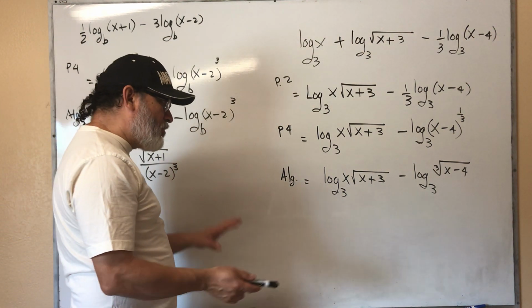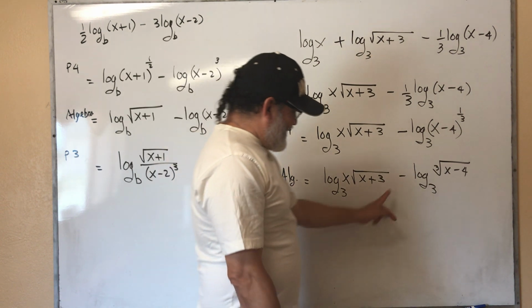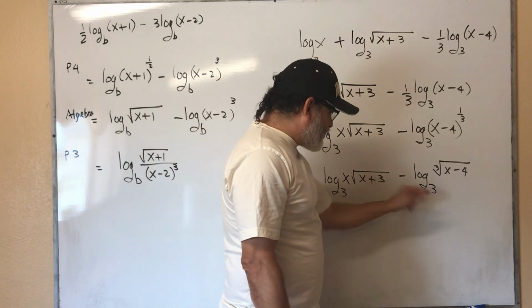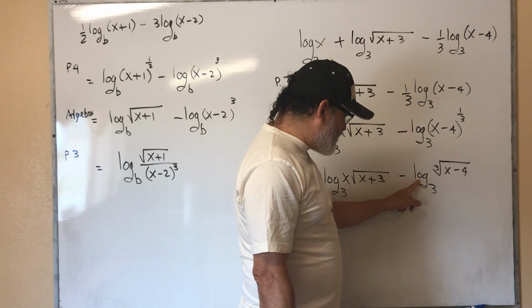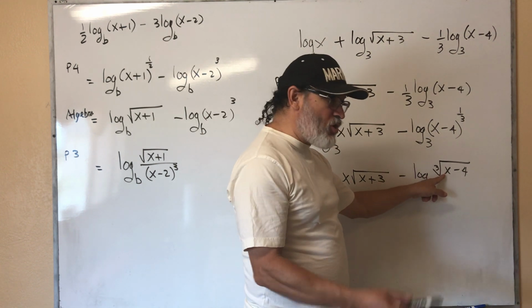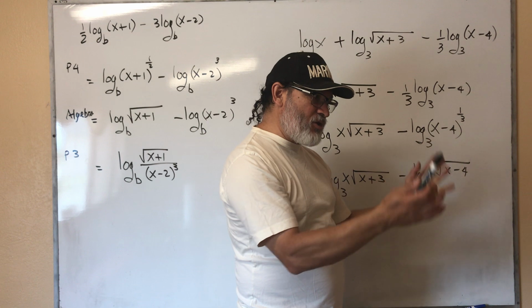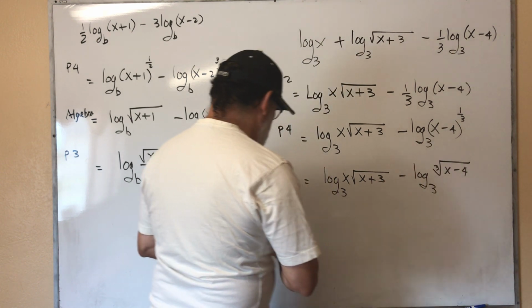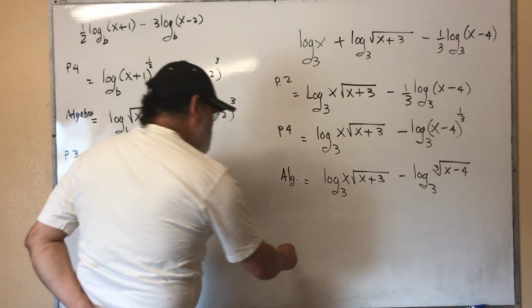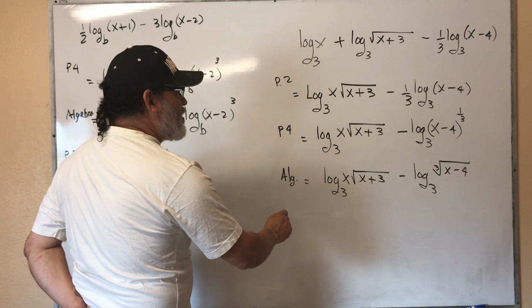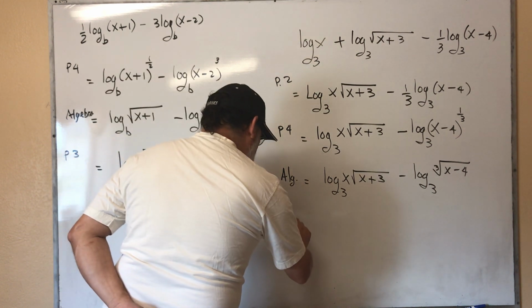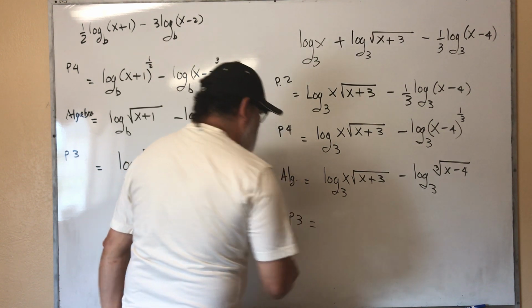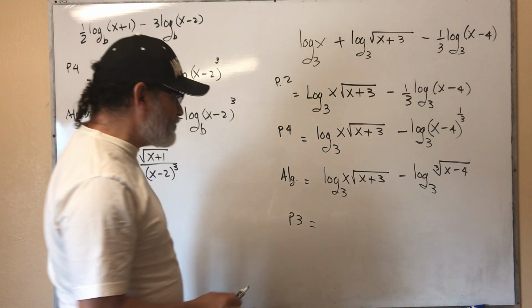And now, the difference of two logs is the log of the quotient, and this is being subtracted, so this is going to go in the denominator of the argument. That's property number 3, the quotient rule.